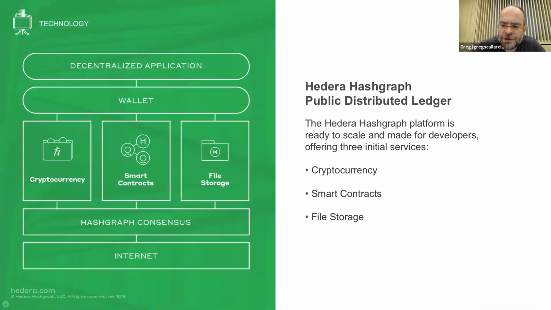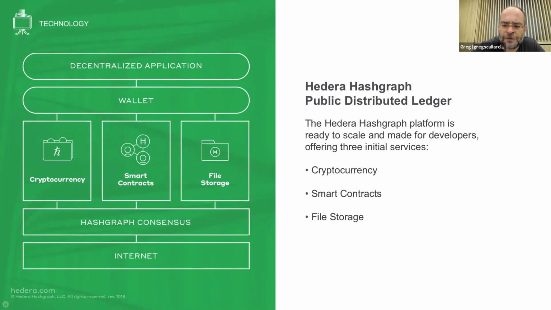Looking at the technology, we have with Hedera Hashgraph 3 core services. There may be more in the future, but these are the ones we're launching with: cryptocurrency, smart contracts, and file storage. And underneath all of those services is the Hashgraph consensus algorithm, which itself sits on top of the internet and whatever supports the internet itself.